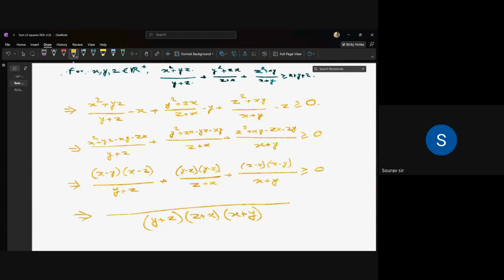So then we will have what? x plus y into x minus y and x plus z into x minus z. So basically we are getting here, plus, again we are getting the same kind of thing.